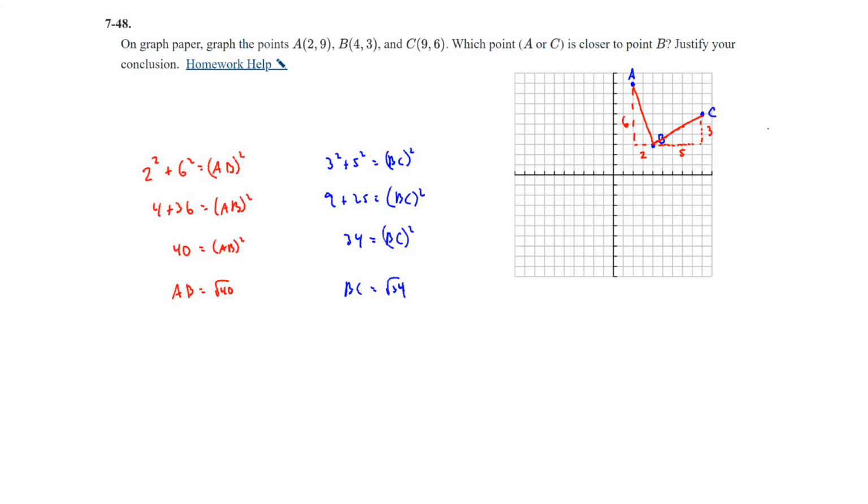So since the square root of 34 is going to be smaller than the square root of 40, we know that which point, A or C? C. So point C is closer to point B.